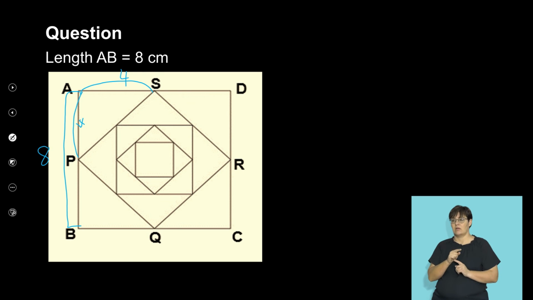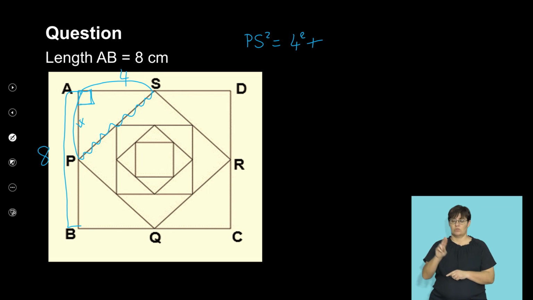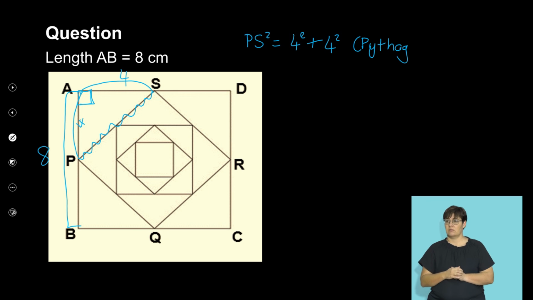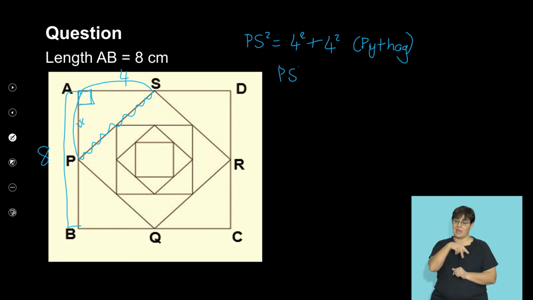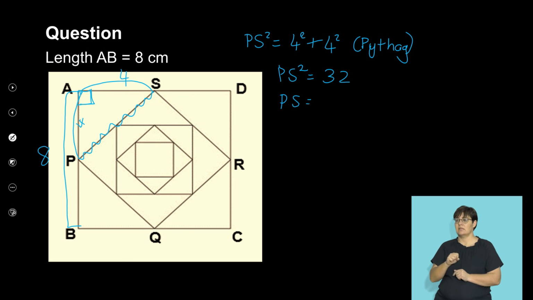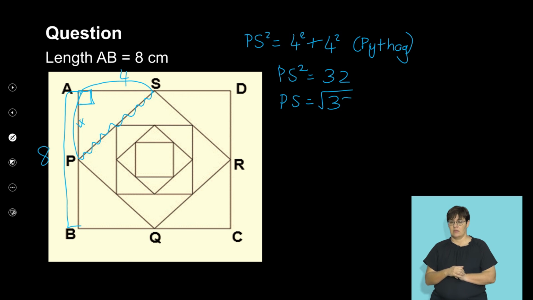Because it is a square, I know that the corners are at right angles to each other. So I can do Pythagoras to find the length of PS, and that will indicate the length of each side of PSRQ. So PS squared will be equal to 4 squared plus 4 squared because of Pythag, which means PS squared will be equal to 32, which means PS is equal to the square root of 32.